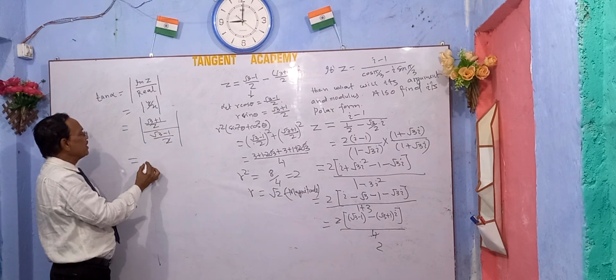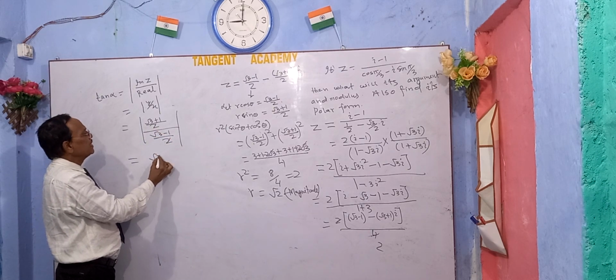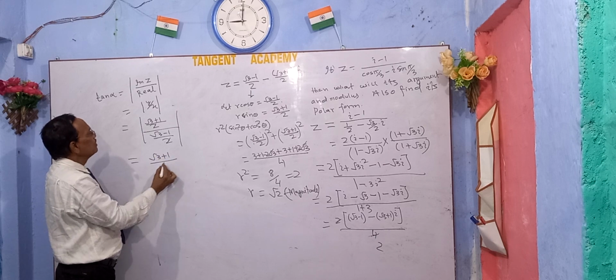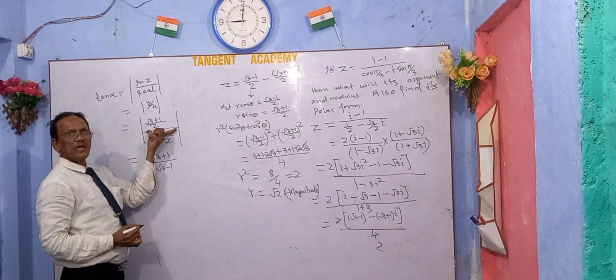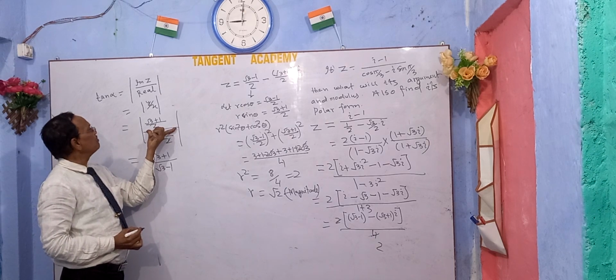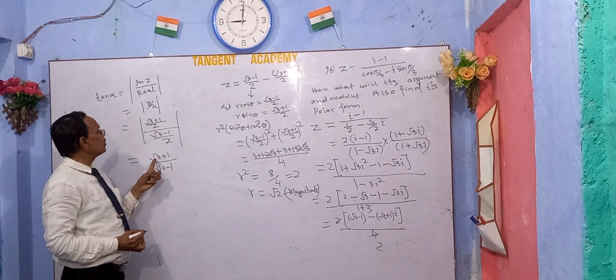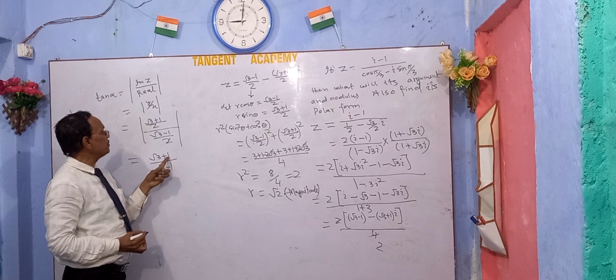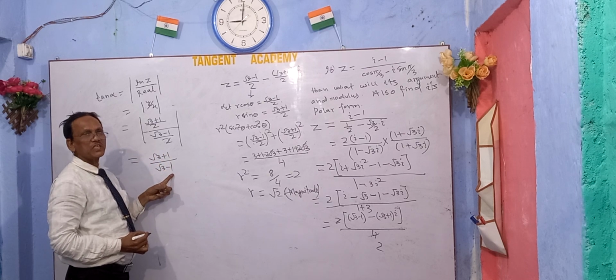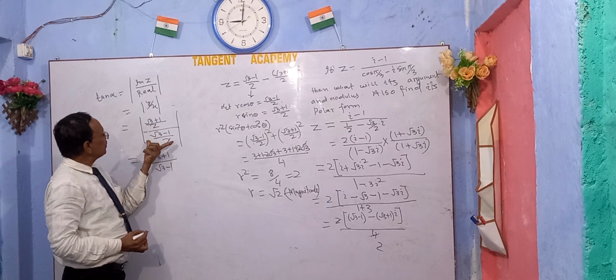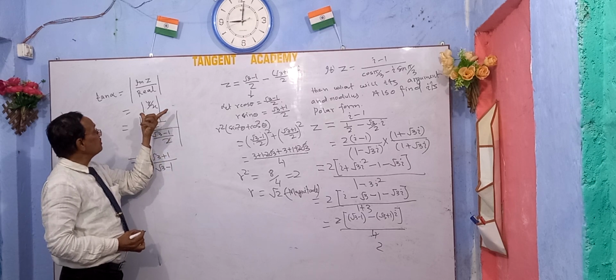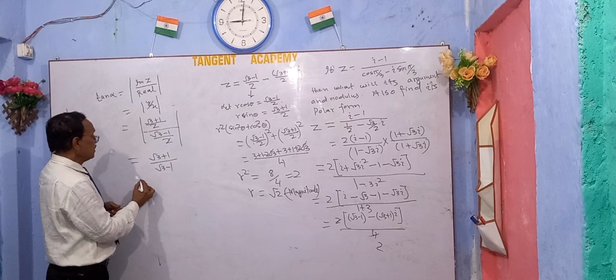The 2 and 2 cancelled out, which can be written as (root 3 plus 1) divided by (root 3 minus 1). We have removed the absolute value sign because root 3 plus 1 is already positive and root 3 minus 1 is also positive. So I have removed this modulus sign.